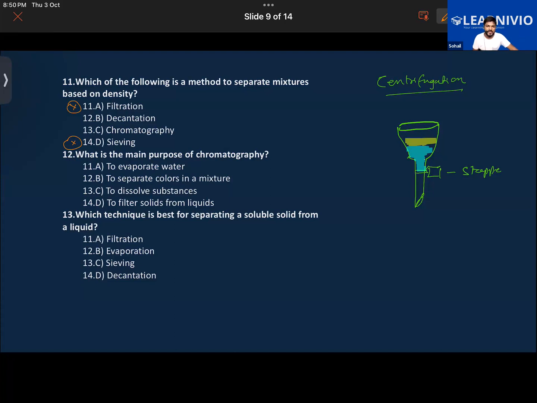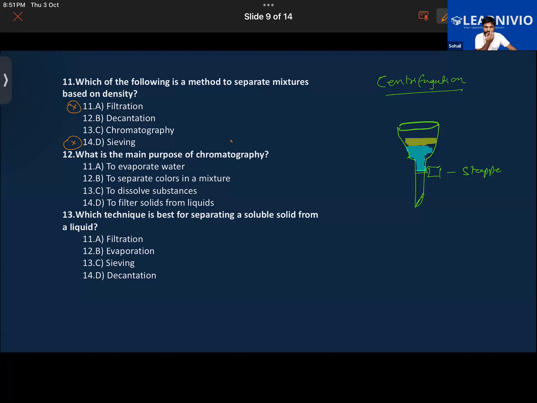Coming back to the question: which of the following is a method to separate mixtures based on density? Sieving is based on the difference in size, so it is not correct. Decantation is the pouring of the clear liquid after sedimentation is done. Chromatography is also not based on density.